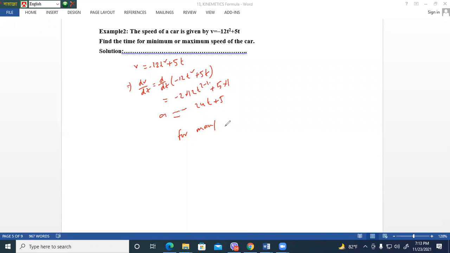For max or min speed, retardation or acceleration equals 0, right? A equals 0.